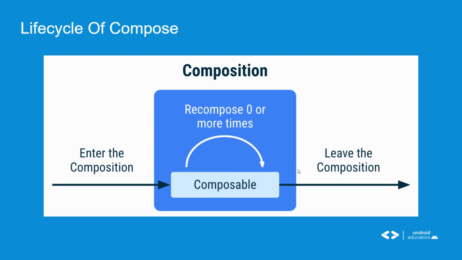Leaving the composition means you have moved to a different screen, or you might hide that composable and are not using it anymore. So the node will get detached from the tree. This is the overall high-level understanding of how the composition life cycle works.